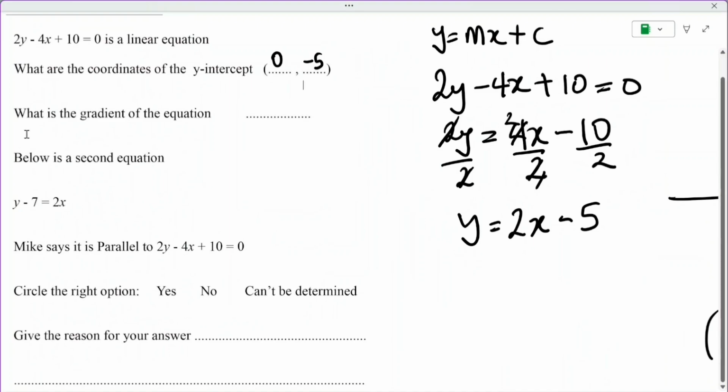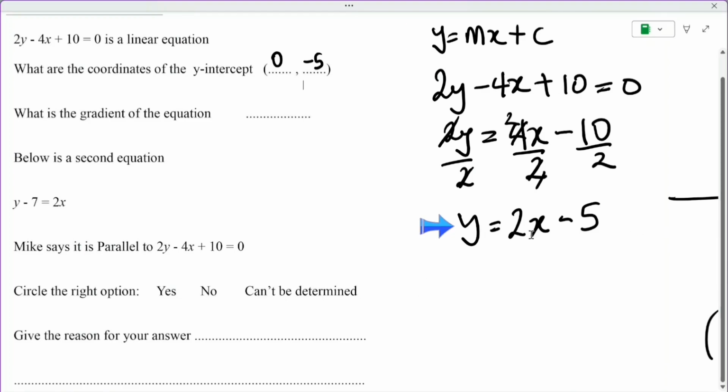The second question says, what is the gradient of the equation? Looking at standard equation, the gradient is always the number attached to the x. In other words, you say the gradient in this case is the coefficient of x, and it has to be in this format before we can determine or pick out the gradient.